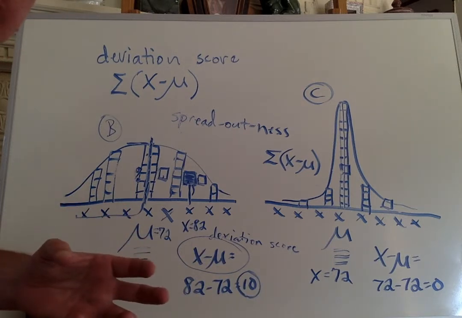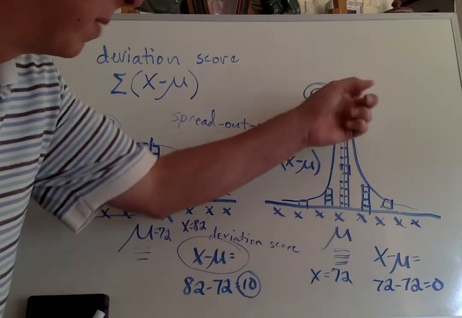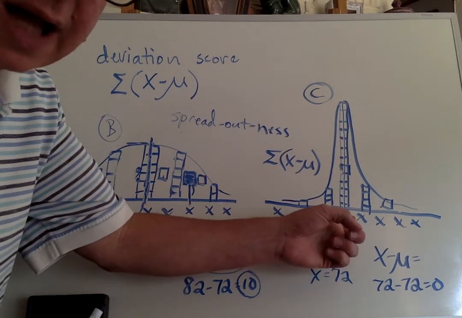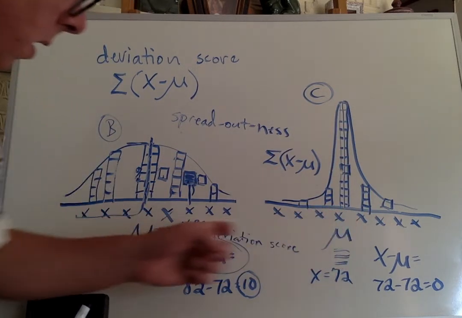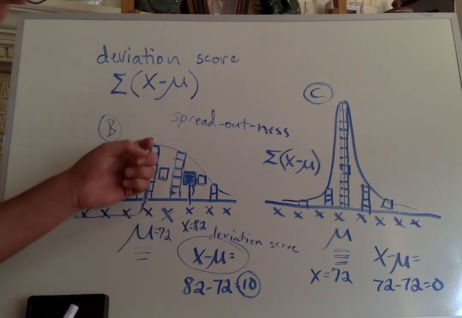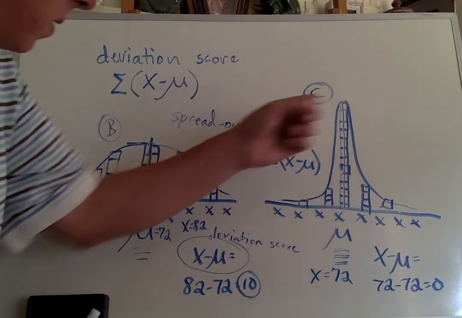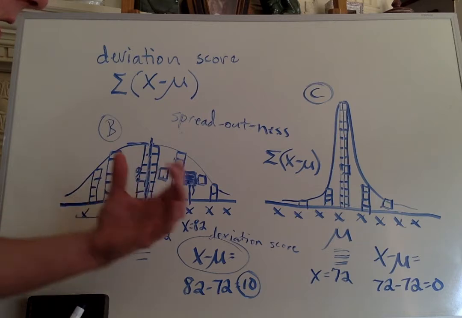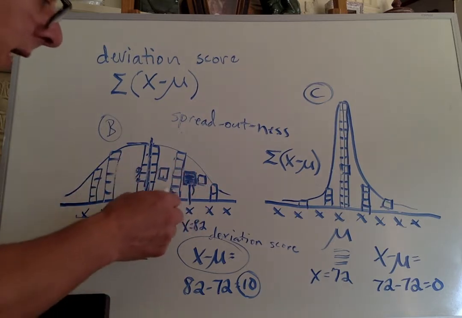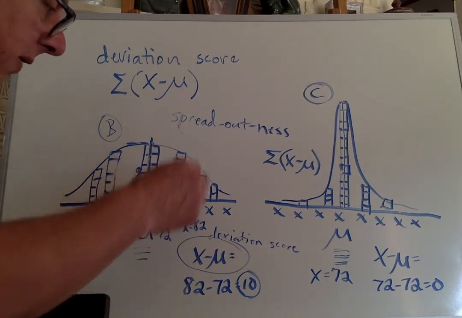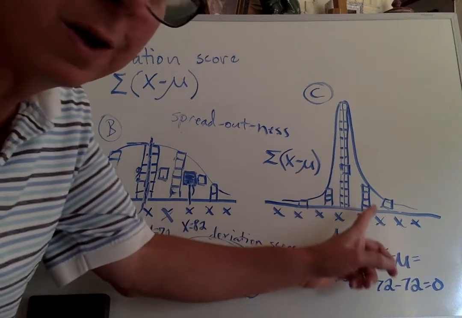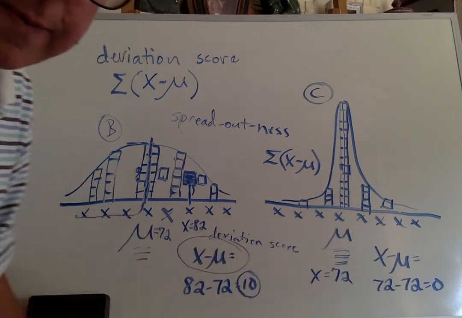All right, let me say that again. For this distribution, there's going to be a lot of blocks that have a deviation score of 0. Over here, there will be some too, but many more zeros than here. For this distribution, there's going to be a lot more that are at +8, +9, +10. Over here, not as many, okay?